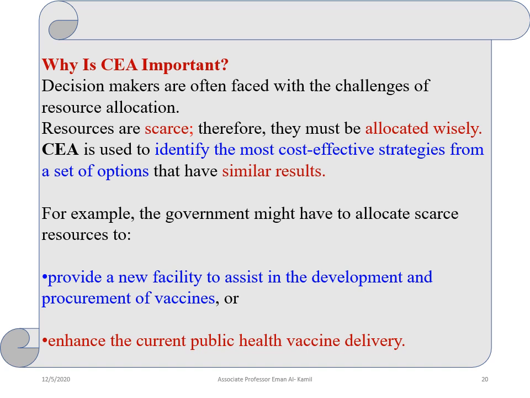For example, for the government might have to allocate scarce resources to provide a new facility to assist in the development and procurement of vaccines. أما يعني عندنا خيارين، أما تختار أنه نعمل فد ترتيب جديد حتى ننتج بعض الفاكسين الجديدة أو نحسن الفاكسين الجديدة، أو enhance the current public health vaccine delivery، أو نحسن من الدليفري، من تصريف الفاكسين الموجود اللي عندنا.